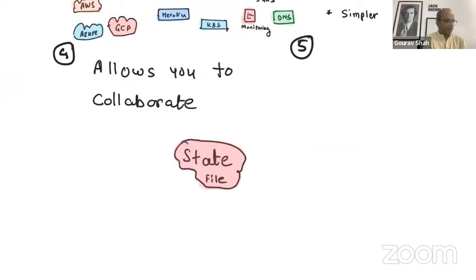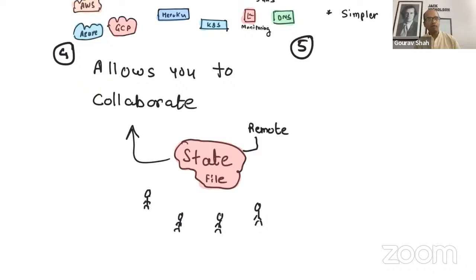It also allows you to collaborate, which is again a unique feature of Terraform, where you have a concept of remote state. There's a state file and we can push it remotely, as in, let's say you are using S3 as a backend for the state management. Your state file is stored in S3. And if you have multiple people who are working on the same code and applying that to the infrastructure, only one person at a time can apply it.